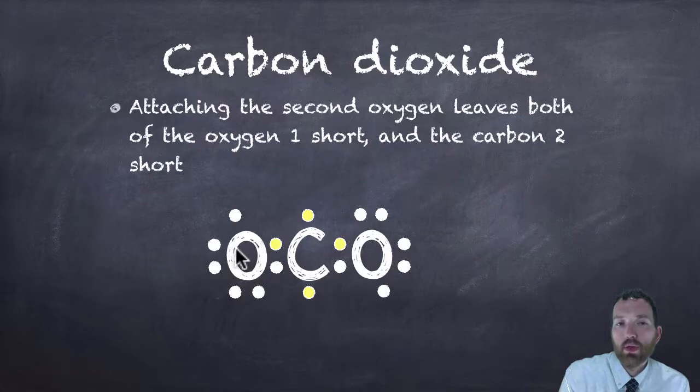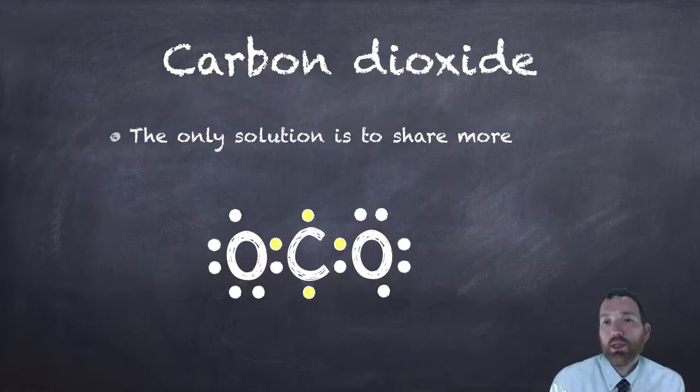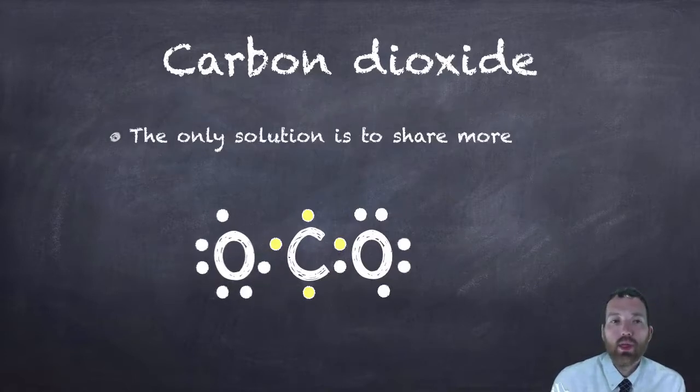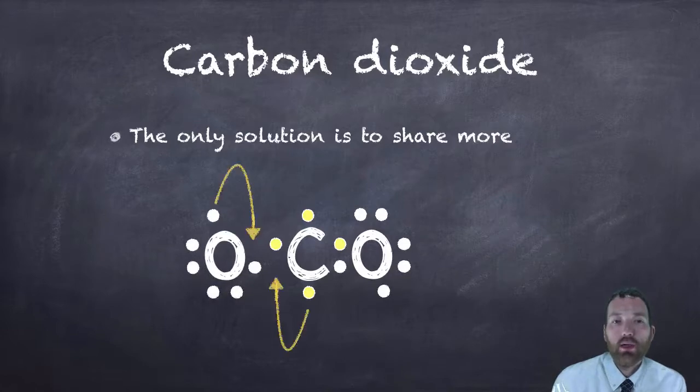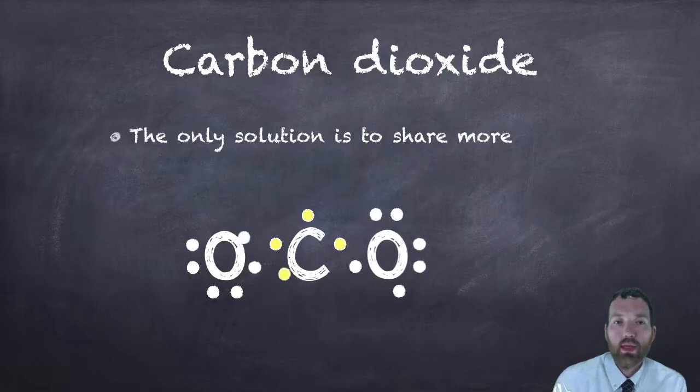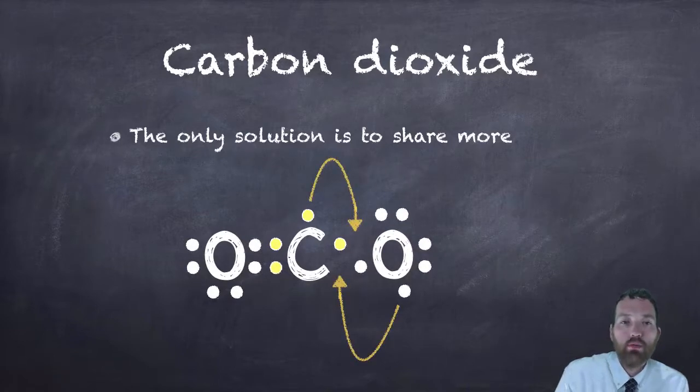So if you wrote O single bond C single bond O, you would be wrong because nobody is happy in that arrangement. So the only solution here is to share more electrons. So we take these unpaired electrons and throw them in the middle to make a double bond. We're sharing 4 electrons here. That is what is called a double bond.